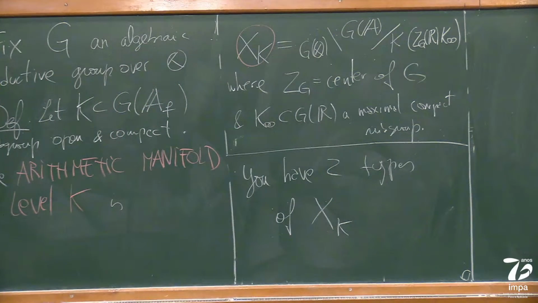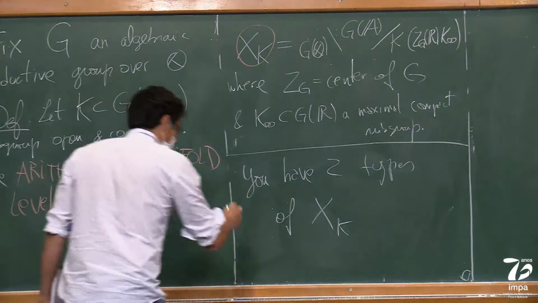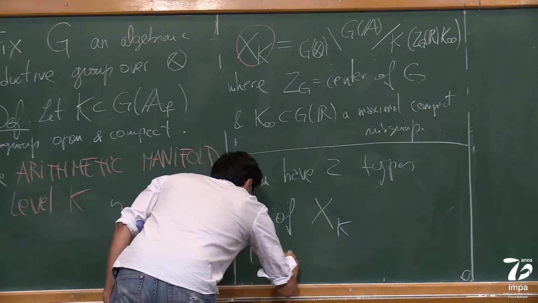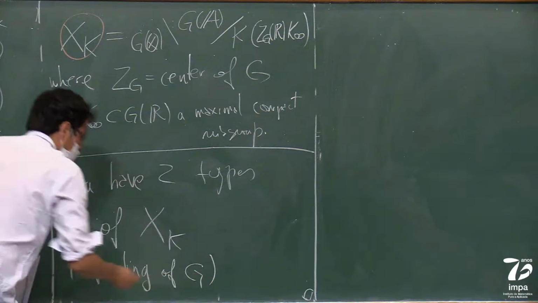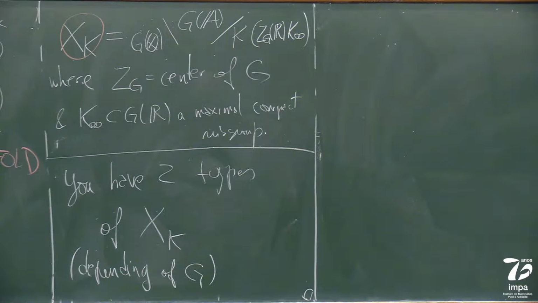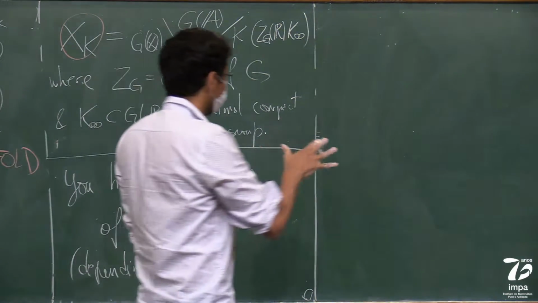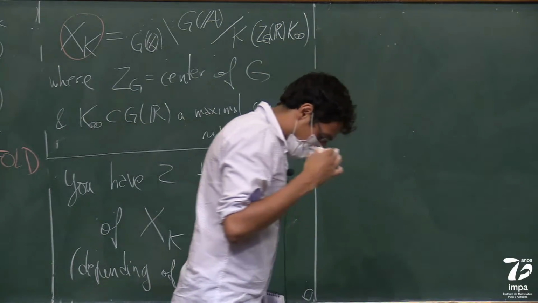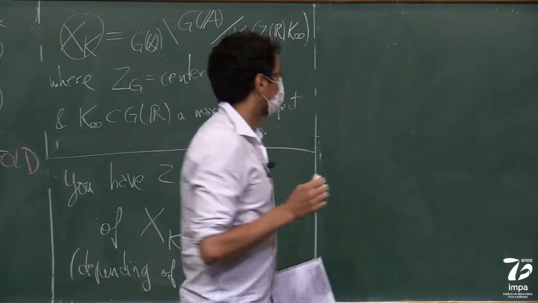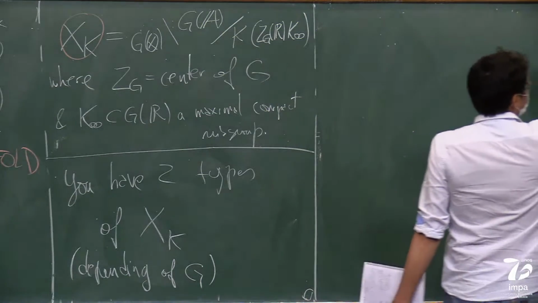And that depends on G, not K. If your group G satisfies some conditions, then the arithmetic manifolds are good for something or not for something. And the point of view is with respect to algebraic geometry, okay? So you have two classes.